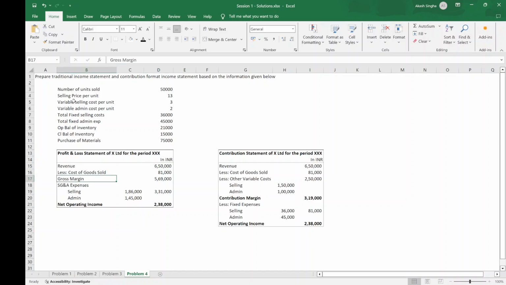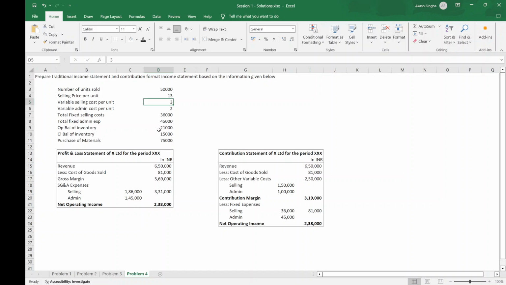So the COGS is variable selling cost per unit is 3, number of variable selling cost. Yeah, so COGS is how much material we consumed.